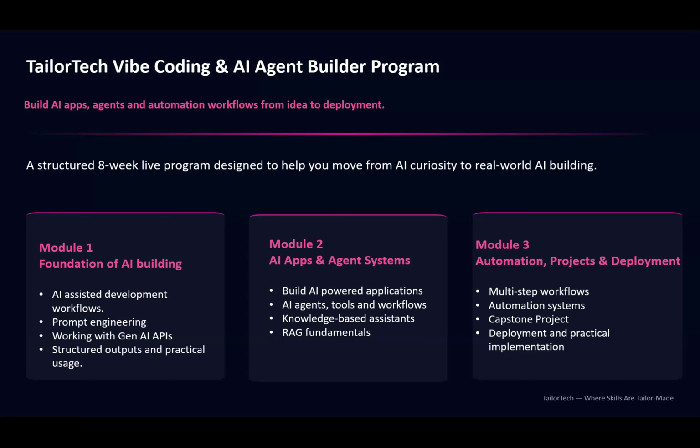Capstone projects will be there, and also deployment and practical implementations, so you can build end-to-end projects. By the end, you don't just learn, you actually build something complete. This is the TailorTech Vibe Coding and AI Agent Builder program.